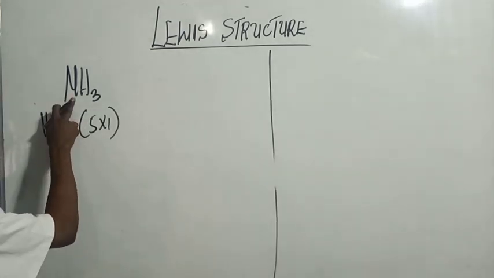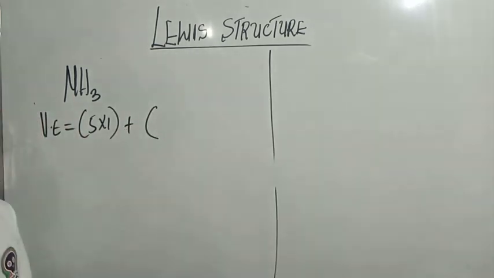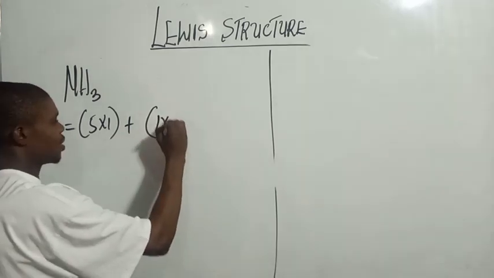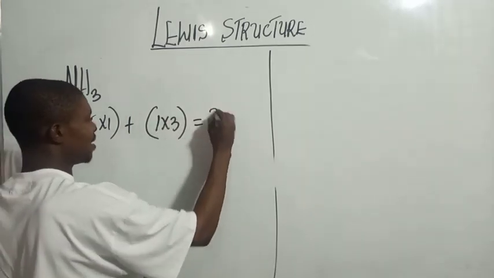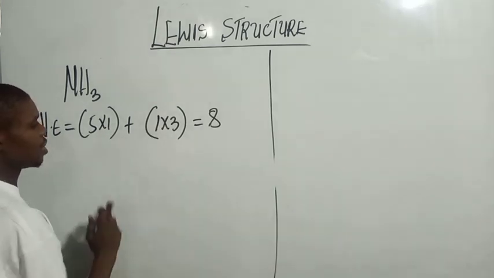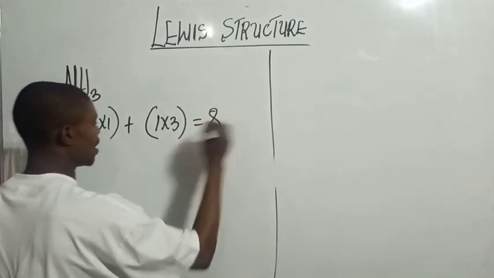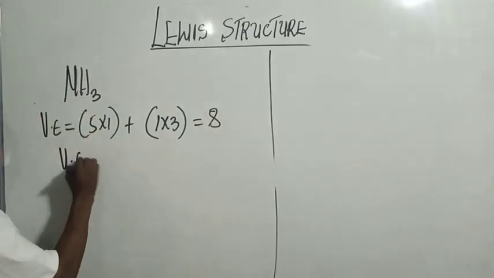How many atoms of nitrogen do you have here? 1. So 5 times 1 plus hydrogen is in group 1, 1 times 3. Everything will give me 8, because 5 times 1 is 5 plus 1 times 3 is 3. When you add it together it is 8 valence electrons. So my V, which is called valence electron, is 8.